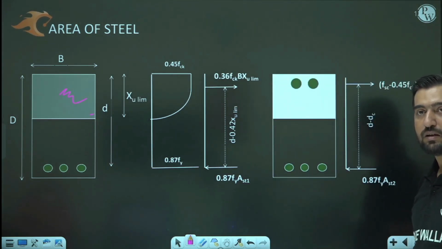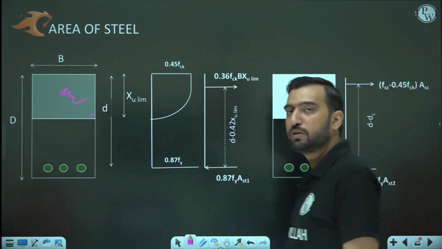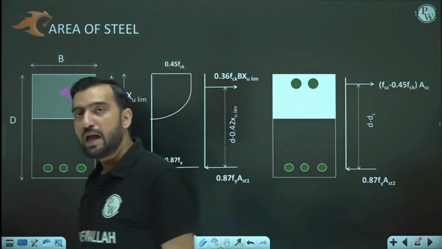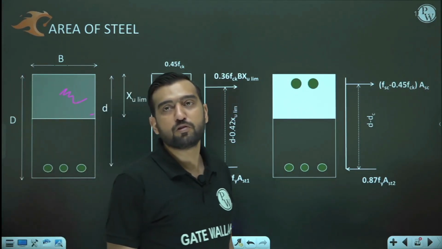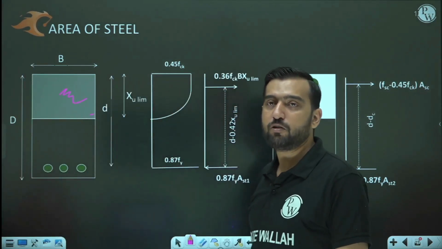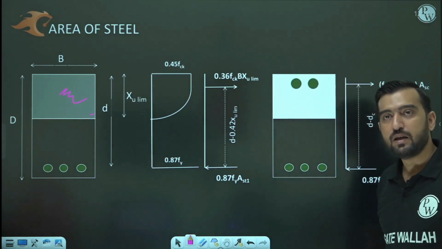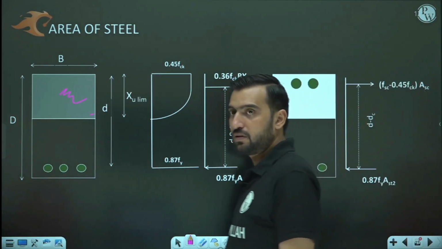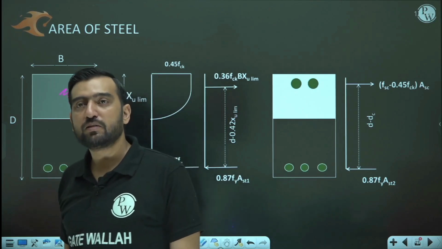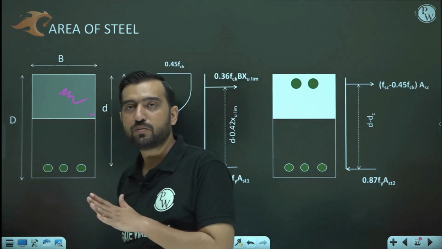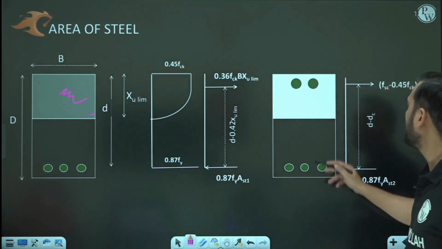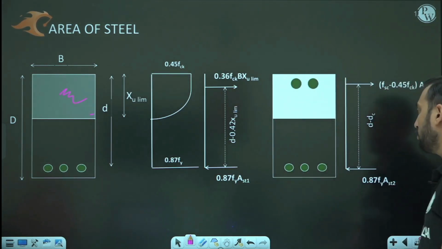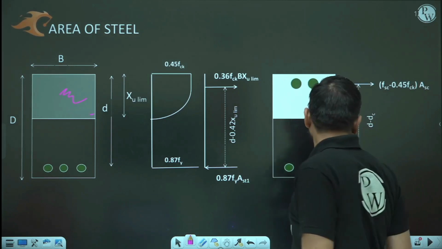Ast1 is that area of steel which corresponds to 0.36 fck b xu lim, and the excess amount of force, which is available due to (Fsc minus 0.45 fck) into Asc, is going to be tackled by 0.87 Fy into Ast2. So this is for Ast1 and this is for Ast2 and Asc. The rest of the things we will see in the design, my dear friend.